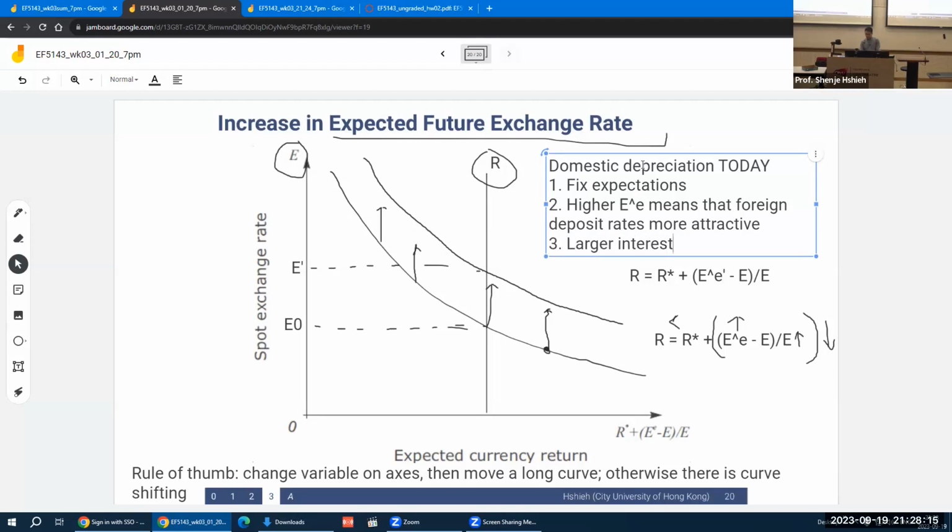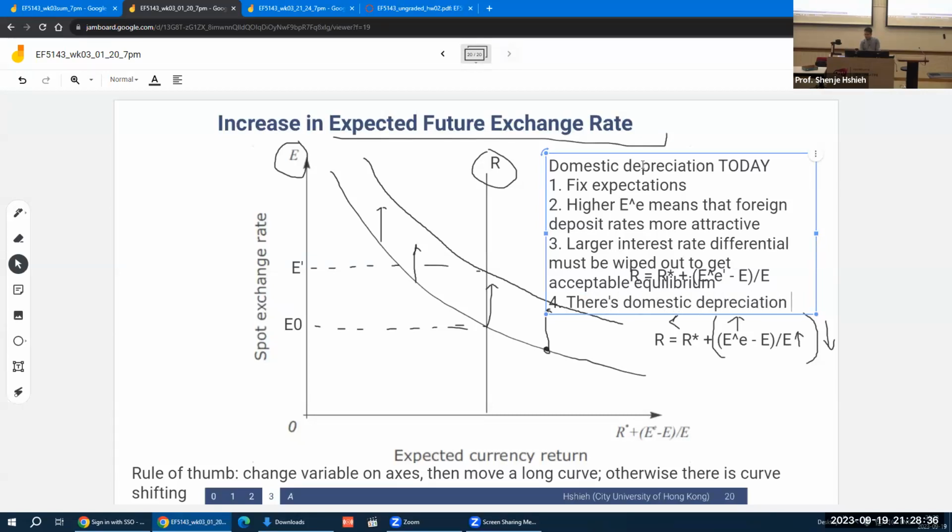The larger interest rate differential must be wiped out to get an acceptable equilibrium. And that's only possible if there's domestic depreciation, so that it can appreciate in the future.